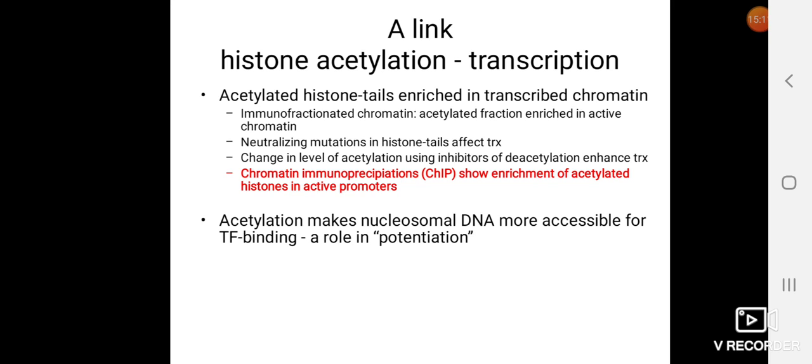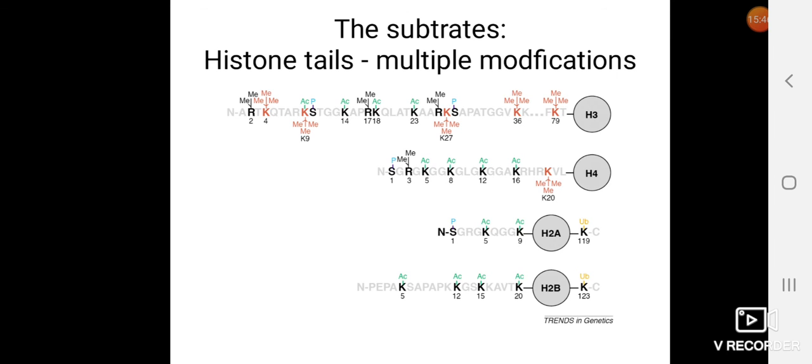This was confirmed by a method called chromatin immunoprecipitation, which is called ChIP. It shows that in an active promoter there will be a greater number of acetylated histones. Acetylation makes the nucleosomal DNA more accessible for transcription factor binding, and also has a role in potentiation of that process.